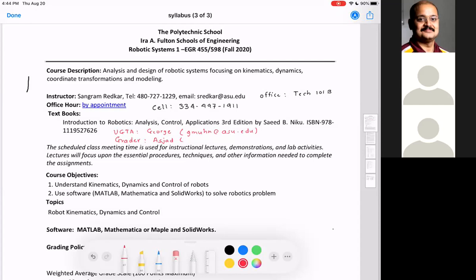Okay. So Asjad's email is in the chat box. And then you are welcome to send him an email. And his email, I'll just go ahead and write it down for a second.